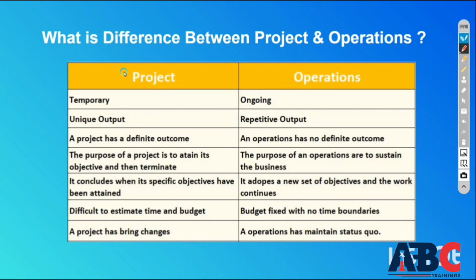An operation is an ongoing task, not a new one, meaning it has no new idea or purpose, and it is performed to sustain one's business. For example, suppose there is a designer.